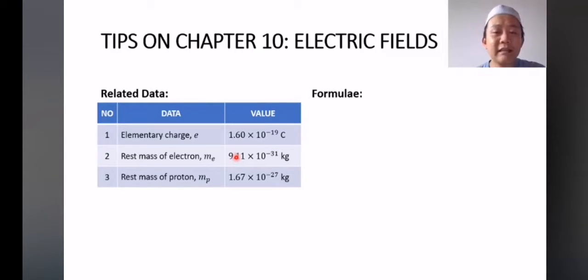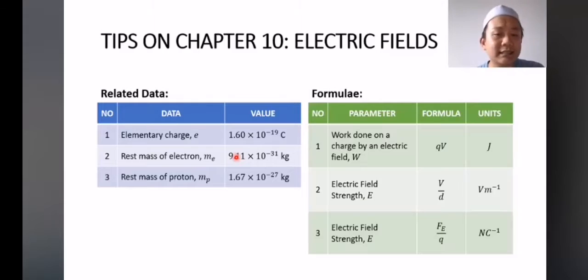Then the related formulas for this chapter, to give you some encouragement, there are not many, just 3. Work done on a charge by an electric field, W equals QV, where the unit is joules. Easy, right? And then the electric field strength has two definitions, with units volts per meter or newton per coulomb.